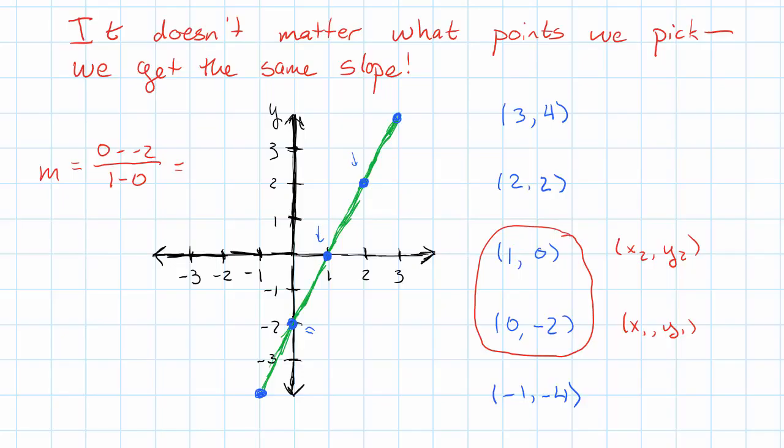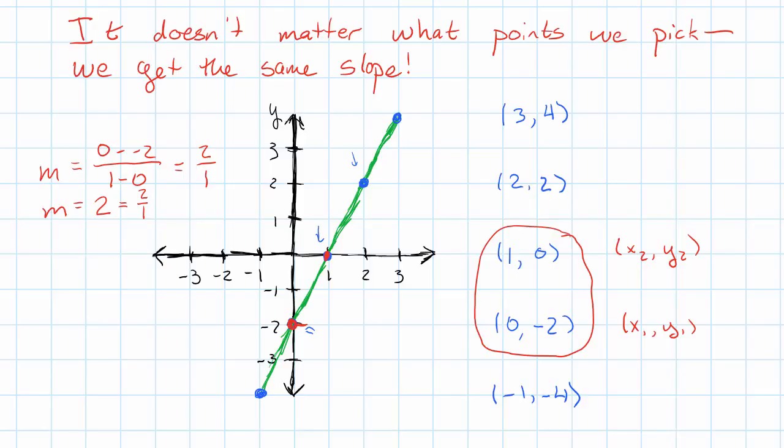So that's 0 minus -2, that's 2, 1 minus 0 is 1. So the slope is just the number 2, or if I want it to look more like a ratio, 2 over 1.